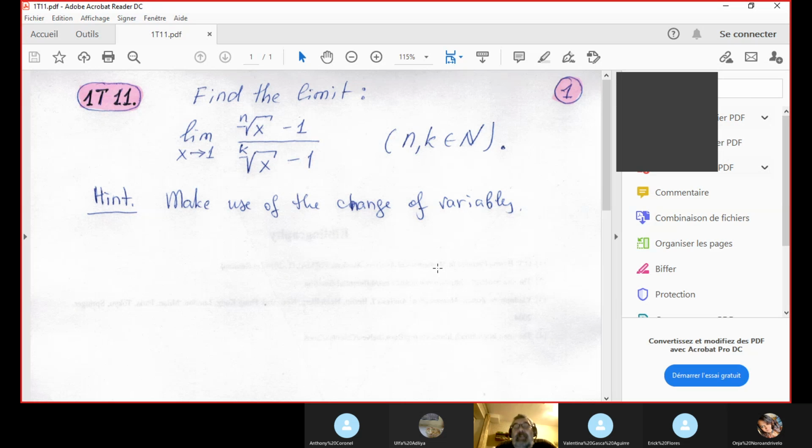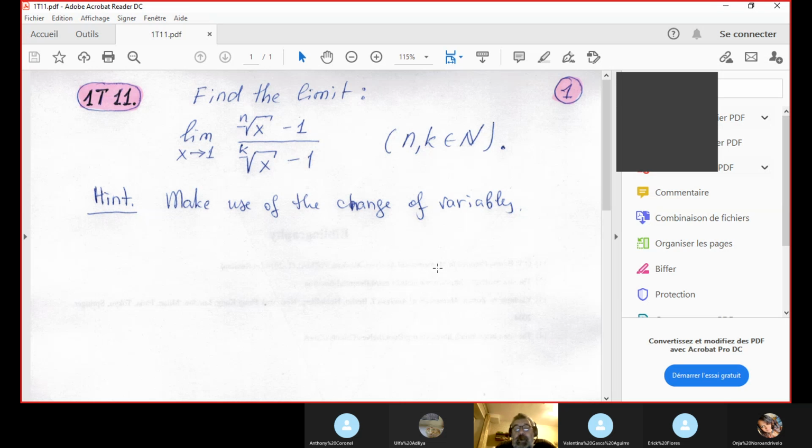Here, in this exercise, we take a change of variables. It was x to the power n, not the nth root.